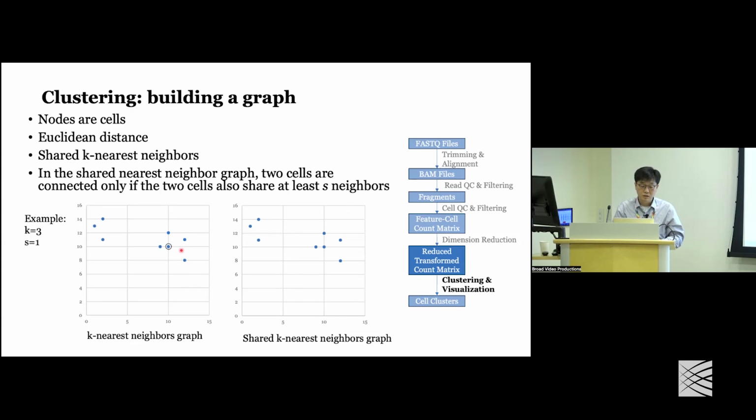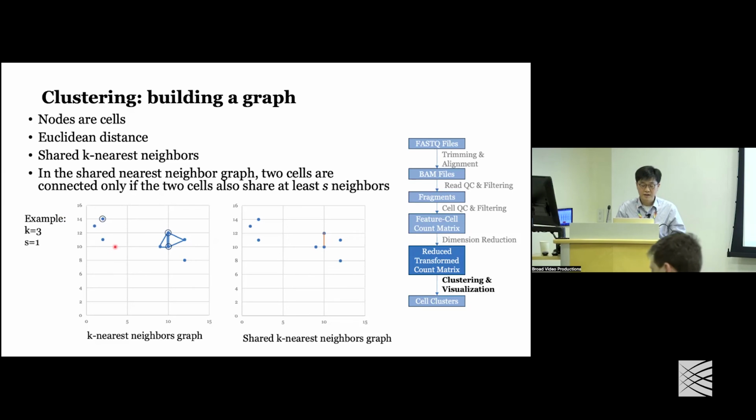So let's look at this cell first. These are the 3 nearest neighbors, okay? Now let's look at this cell. And these are the 3 nearest neighbors, okay? Since these 2 cells share 2 neighbors, more than 1, right? These 2 cells will be connected in the shared nearest neighbor graph, okay? Now let's look at this cell.